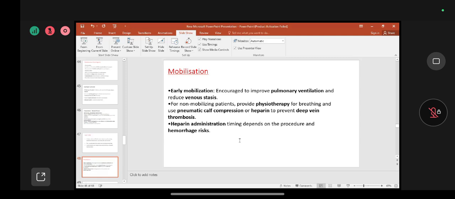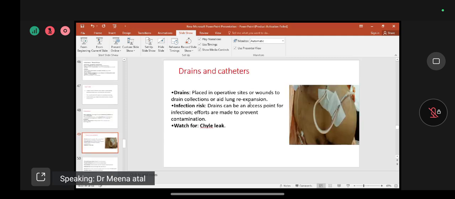Heparin administration timing depends on the procedure and hemorrhage risk. Drains and catheters should be monitored, and drain sites assessed for infection. Efforts are made to prevent contamination, and neck drains should always be watched for any chyle leak.